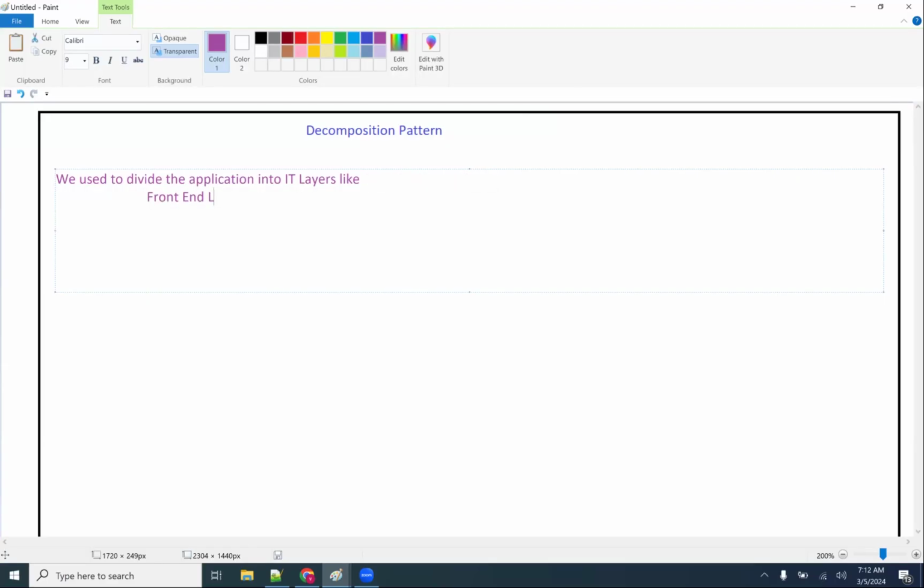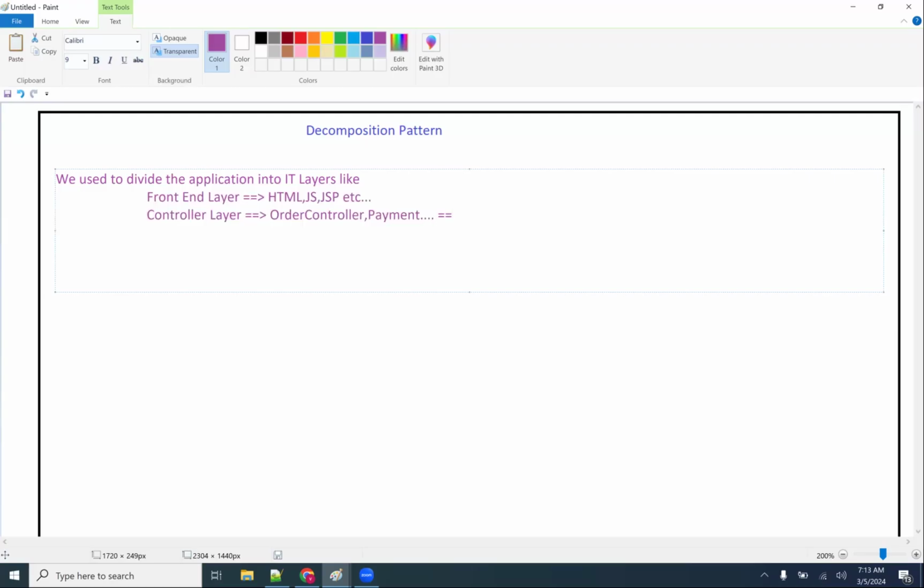Front end layer is where we write HTML files, JavaScript files, JSP files. All these things are the front end layer. Next, controller layer, like order controller, payment controller, something like that.